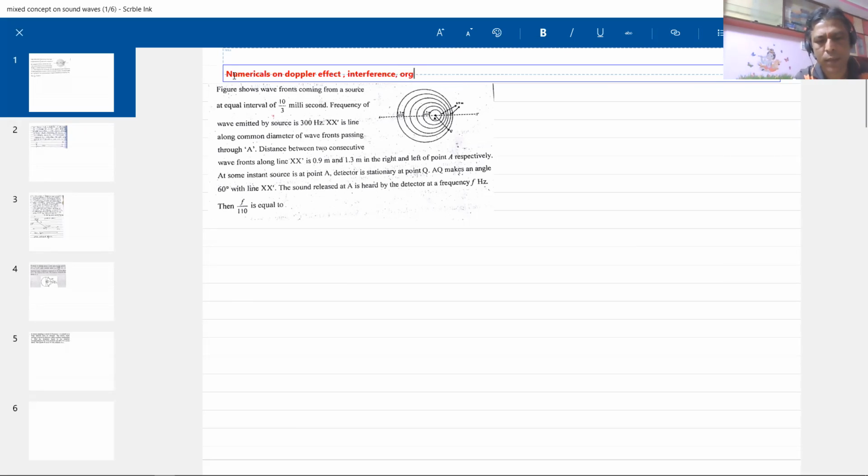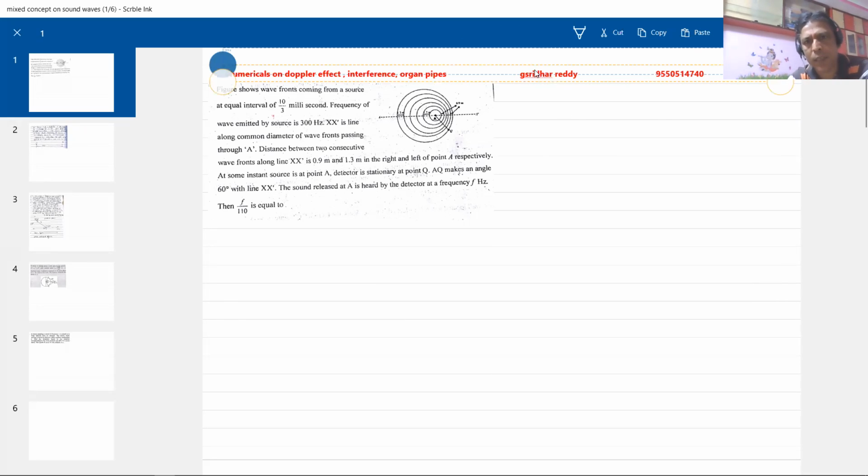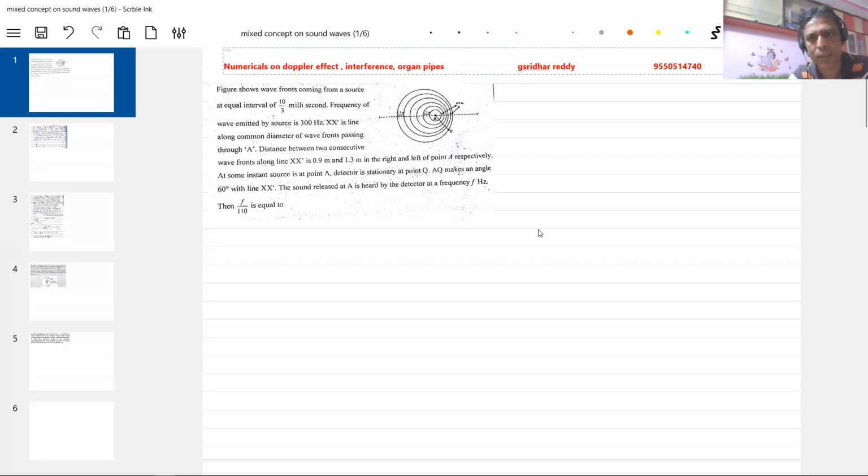Interference. Organ pipes. Okay, I'm ready. We will proceed now.